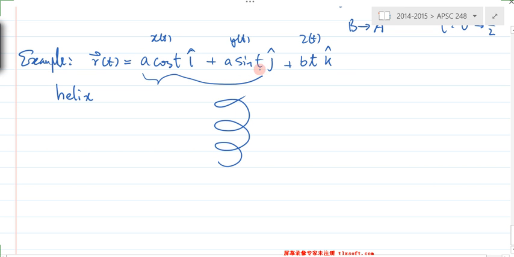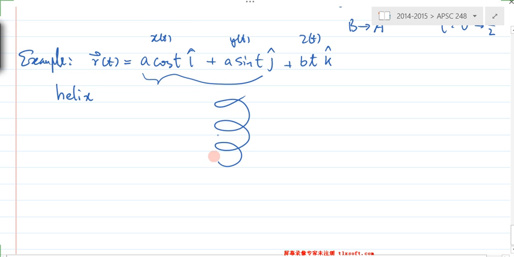Specifically for this one, cosine t, sine t, what's the period? How long does it take to go one round for this helix?